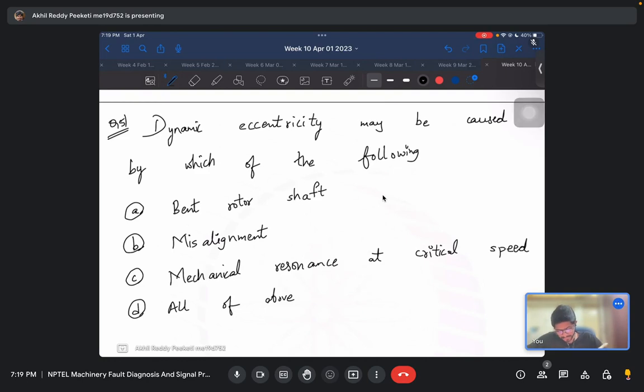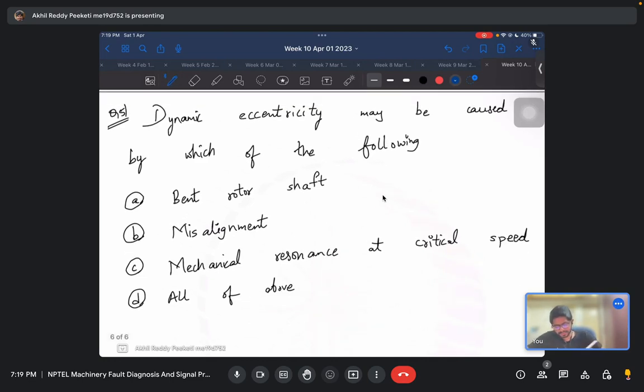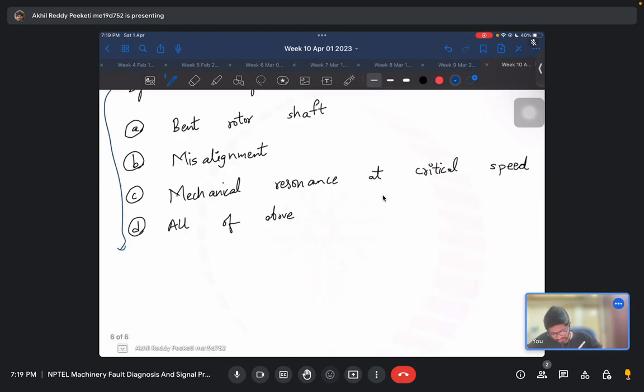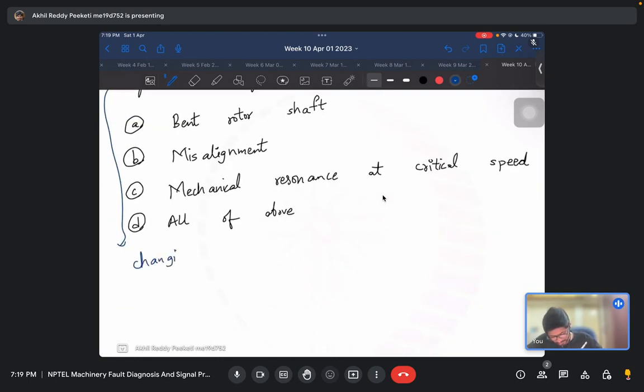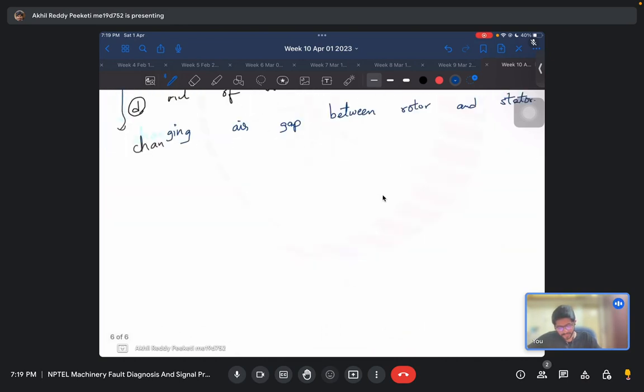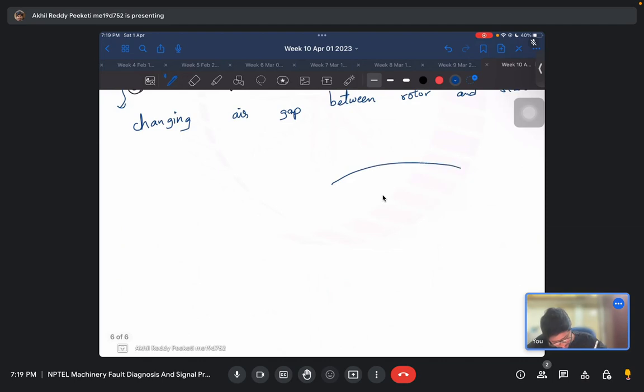Bent rotor shaft, misalignment, mechanical resonance at critical speed. So what is dynamic eccentricity? Dynamic eccentricity, as we have seen earlier, is the changing air gap between rotor and stator, right? So that is the dynamic eccentricity. So when you have a bent rotor shaft, let's say the rotor shaft is slightly bent like this.